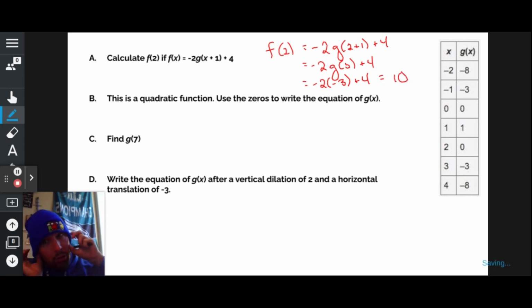Tables. So much fun. This is a quadratic function. It sure is. Use the zeros to write an equation of g of x. So my zeros are going to be 0 and 2.